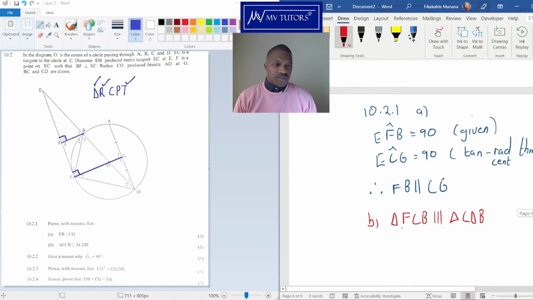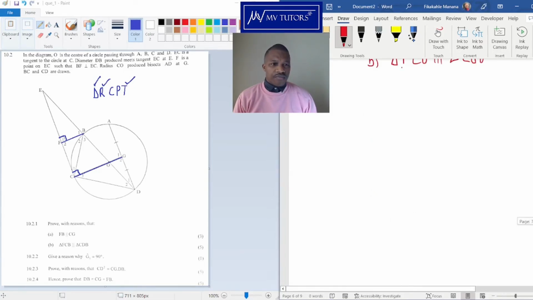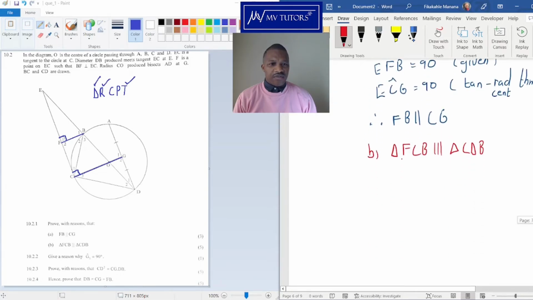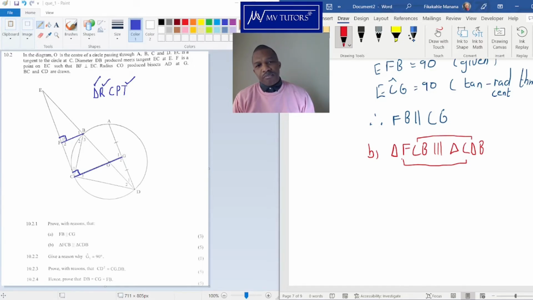When they give you this kind of question, what they want you to do is prove that F is equal to C, and this C is equal to that D, and then that B is equal to that B.